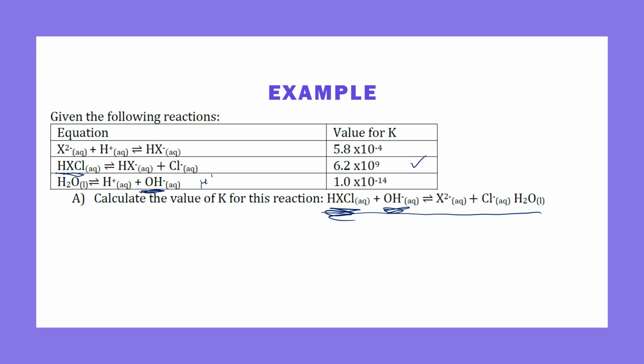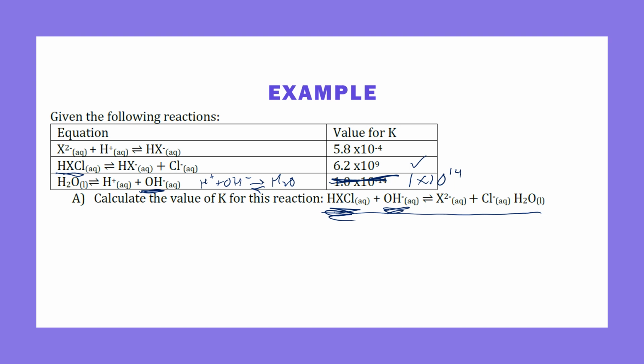We'll do H plus OH negative yields H2O. So when we flip the reaction, we want to take the inverse of K because we're flipping top to bottom, reactants and products. So the inverse of 1 times 10 to the negative 14 is 1 times 10 to the 14th. So positive 14 now.